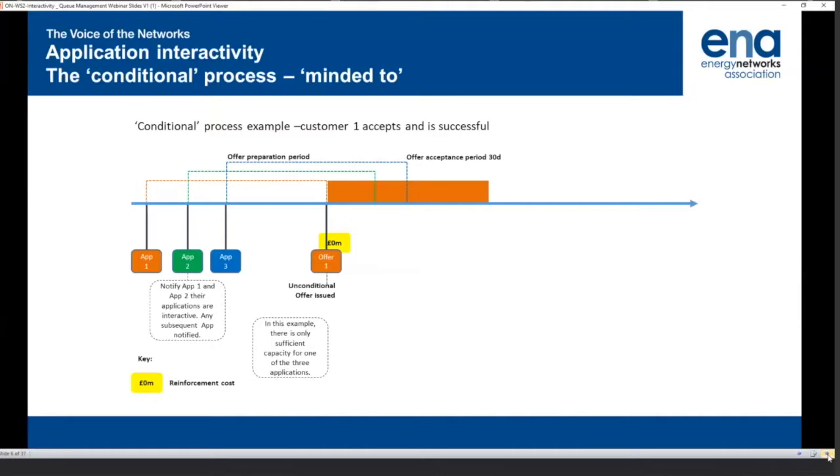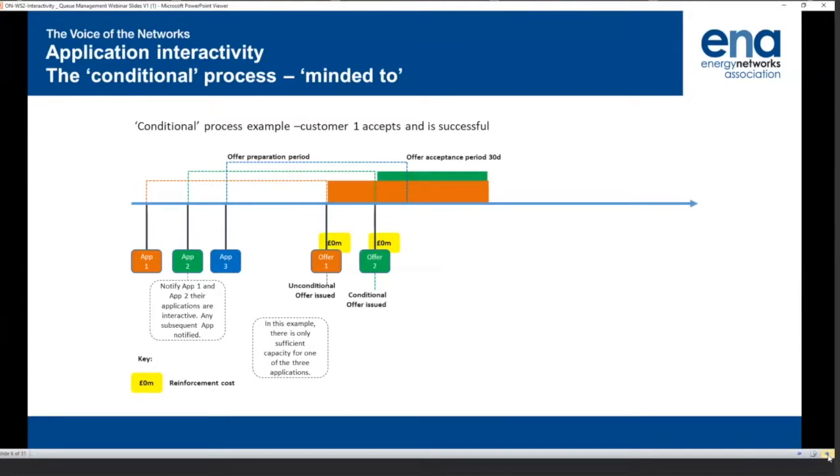You can also see in that yellow box £0 for reinforcement, not anticipating any reinforcement for this connection. The black text underneath the offer 1 box says it's an unconditional offer. Because there's no one ahead of customer 1, offer 1 is unconditional. It can't be impacted by any other.